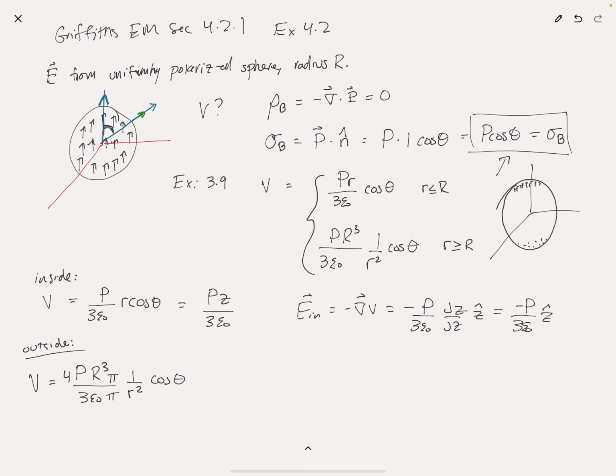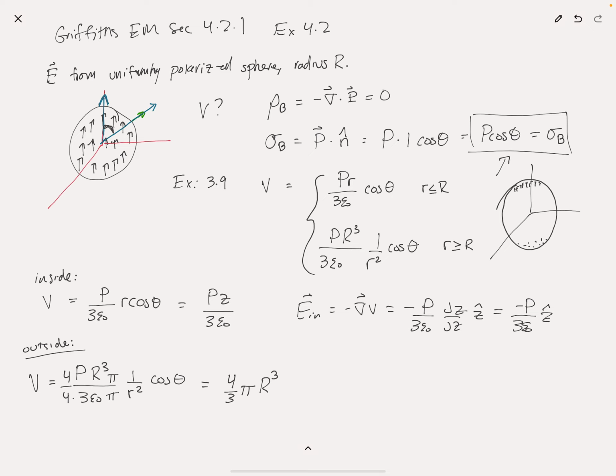I'm also going to put a 4 over a 4. Let's see if I added those terms in correctly. I can rewrite this as 4/3 pi R cubed. Yeah, I think I did that correctly.